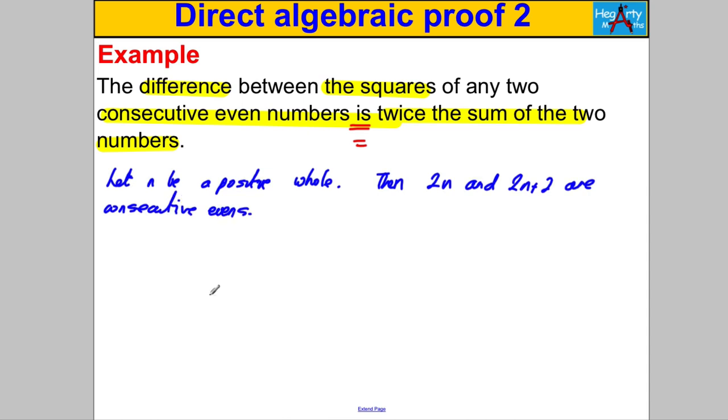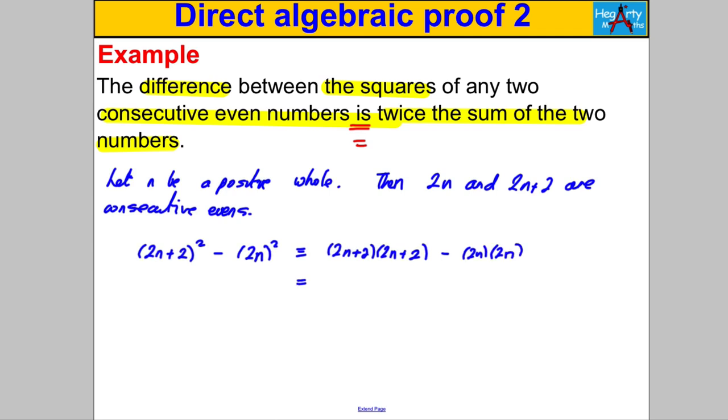Okay, and we've done that type of thing before. Now, the difference between the squares of them, let's square them and take them away. Let's take the bigger one, so 2n add 2 all squared, and we're going to subtract 2n squared, and we're going to have to work this out. So this means 2n add 2 multiplied by 2n add 2 subtract 2n multiplied by 2n.